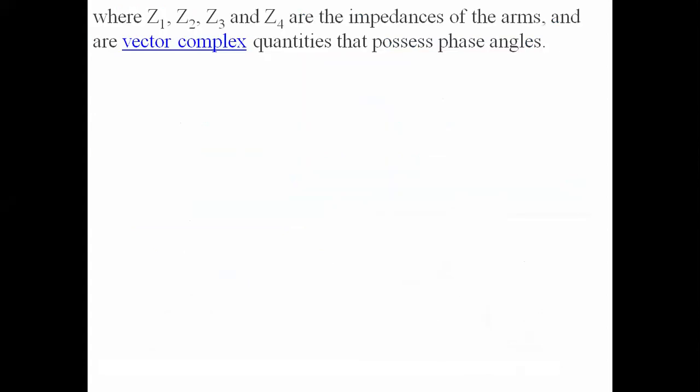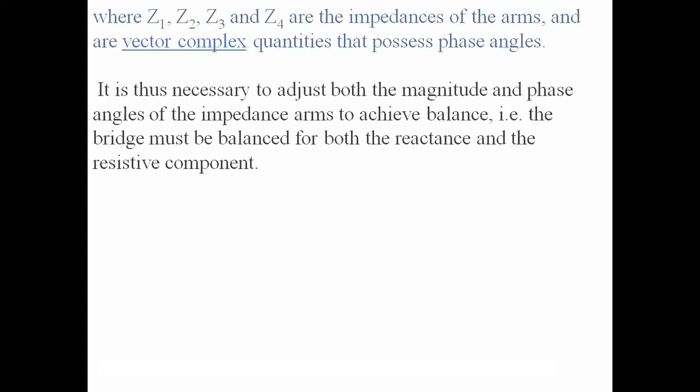So here Z1, Z2, Z3 and Z4 are impedances of the arms. Each arm has its corresponding impedance, and these are vector complex quantities that possess phase angles. It is necessary to adjust both the magnitude and phase angles of the impedance arms to achieve balance.